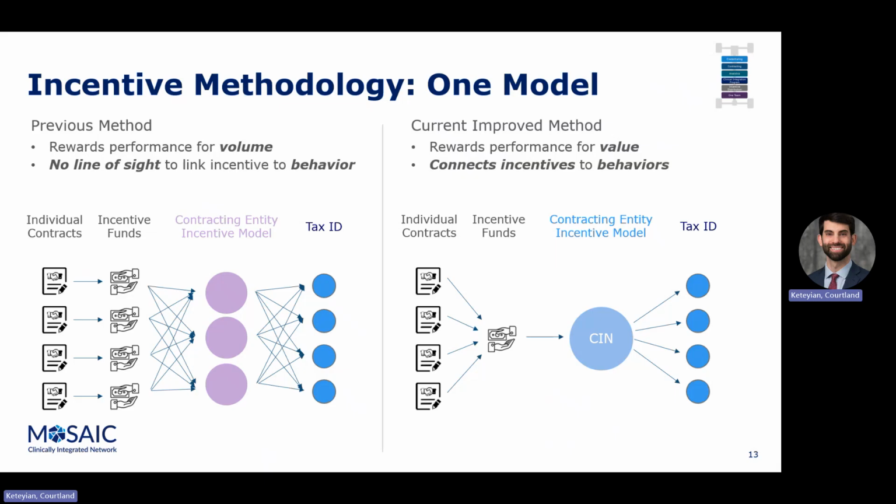And so that's really the case for any tax ID. We want to make sure that we're getting the dollars to that level, and then there's autonomy there to determine what needs to happen. But it's one model for how the dollars go to that level that's approved by the governance of the CIN.